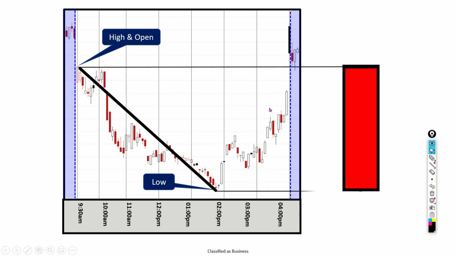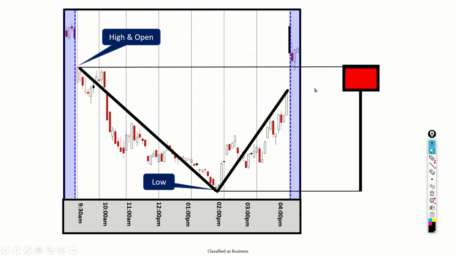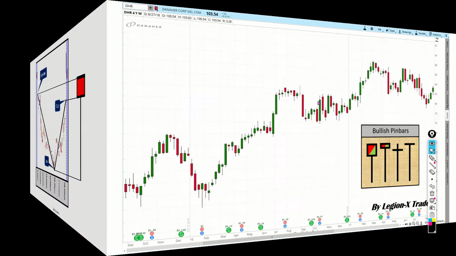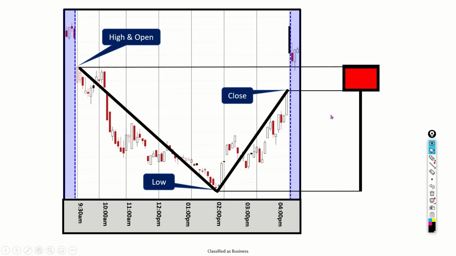So of course we can see a huge jump in the price, where it manages to close very close to the high and open. So the bulls, because of the huge rejection of the price going lower and a very strong bounce, are in control for the last half of the session.